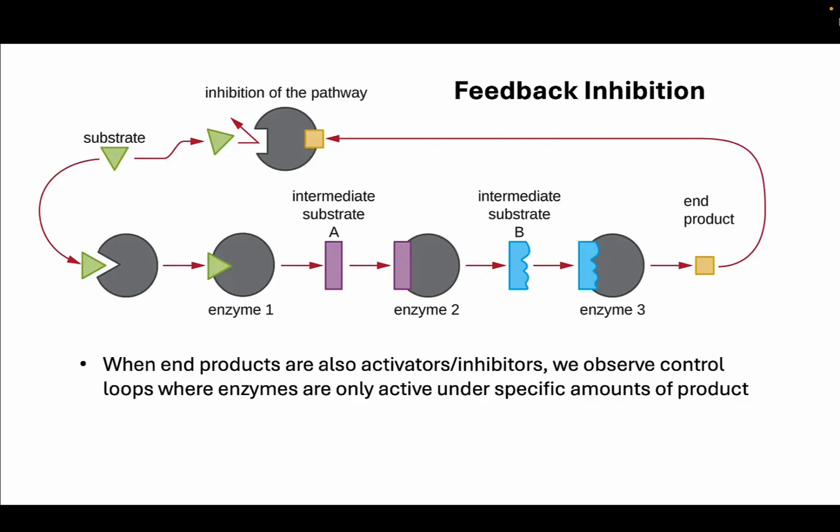So it could be, and it is very often in biochemistry, that we only want the enzyme to work until we have enough of the final product. Once that final product is made, it can turn off the enzyme. If our body is using that final product and eventually there's not much of it around, then it'll fall off of the enzyme because it's being consumed and the enzyme will be active again.